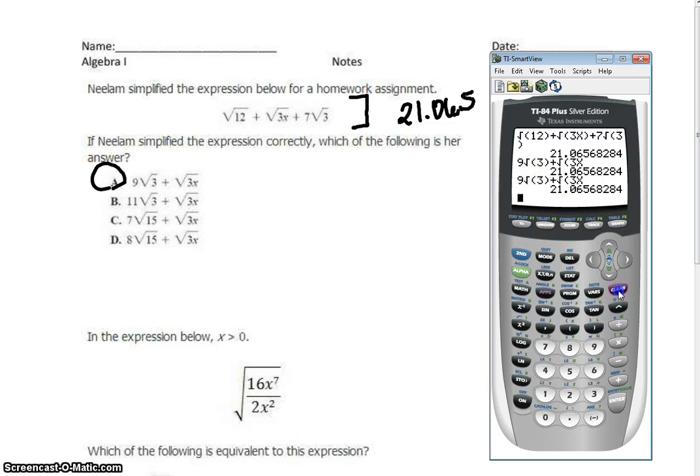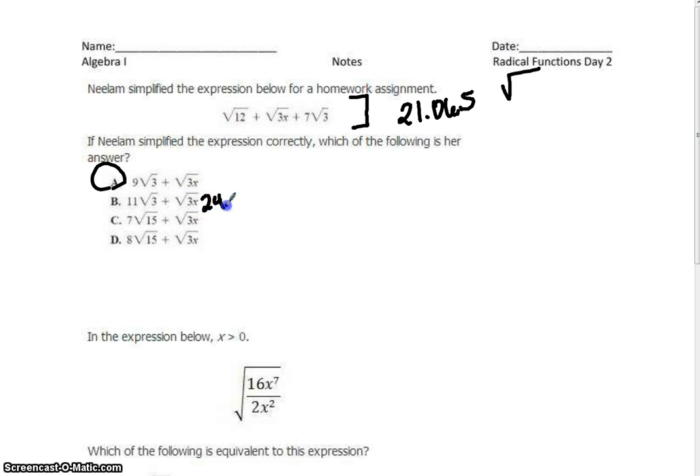Oh wait, I've got the wrong thing. 11 square root of 3, close parentheses, plus square root of 3x gives me 24.5, so I know that's wrong. So I can mark that out.